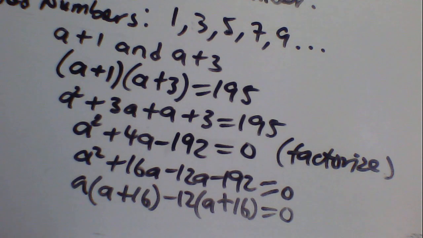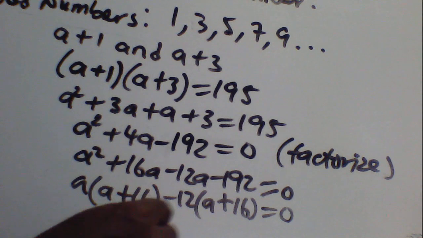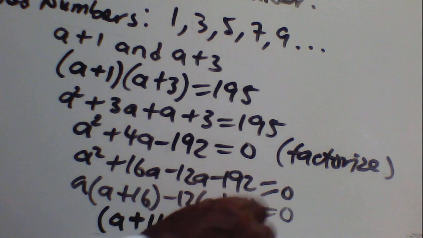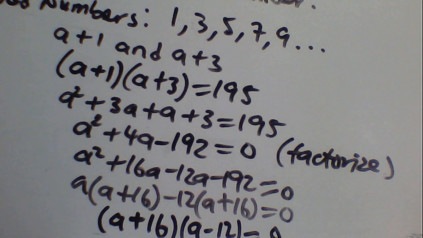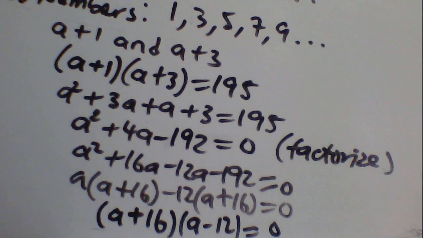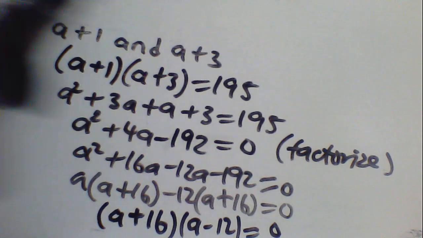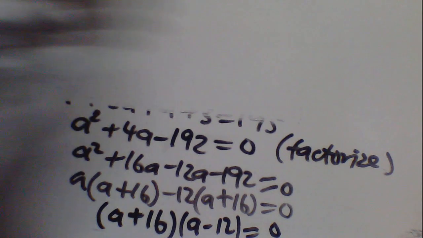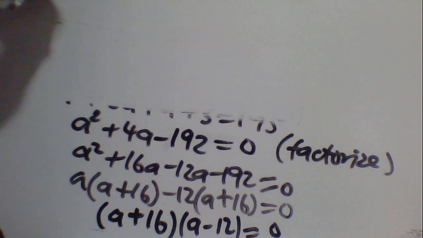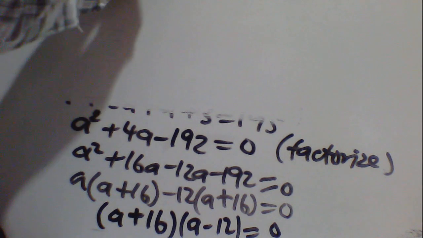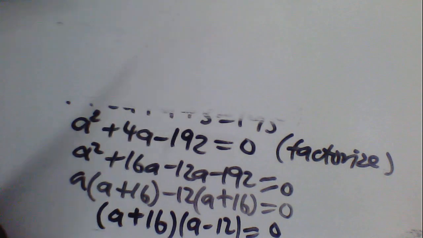So if you simplify further, you have A plus 16, A minus 12 is equal to 0. Hope you have seen it. So let's bring it up. I clear here. So we say that A plus 16, A minus 12 is equal to 0.